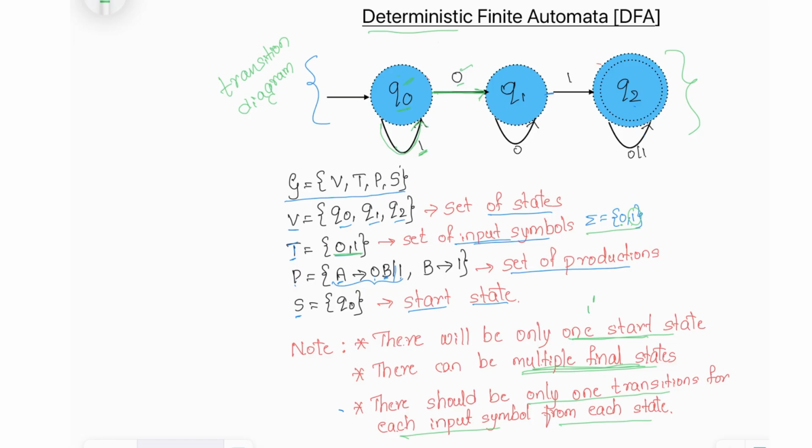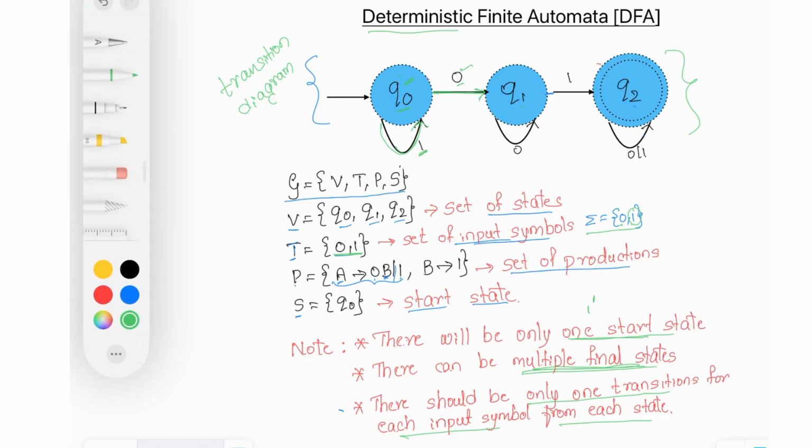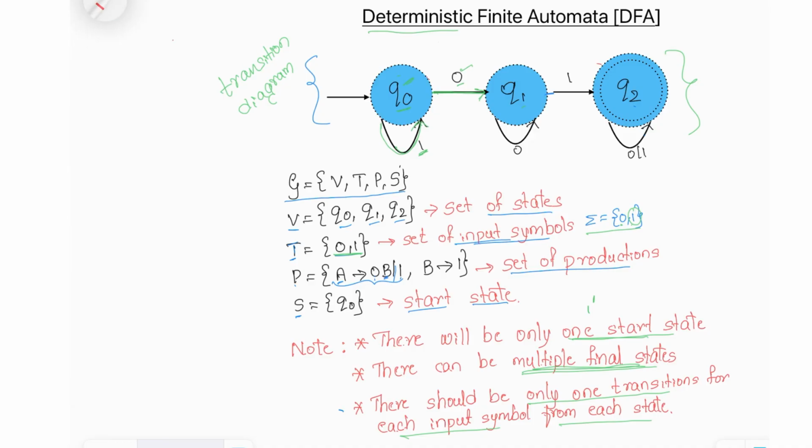Again in the same way, for the state Q1, we have only one transition for the input symbol 1 and only one transition for the input symbol 0. We cannot see multiple transitions from the state Q1 for the same input symbol. So there are only two transitions from each state.